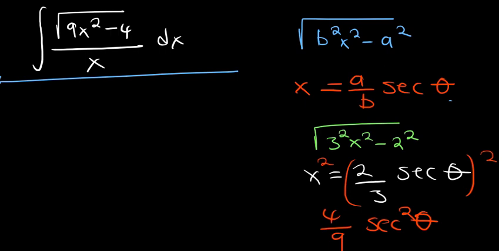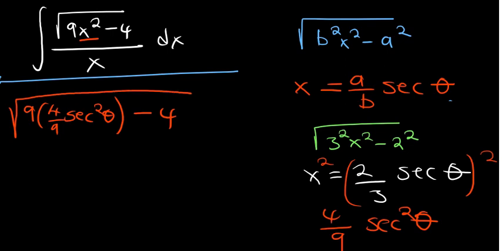Now let's substitute. We are putting that where there is x. So we have 9, and where there is x, we have 4 over 9 secant squared of theta, and then we have a minus 4. Don't forget we have got a square root. So square root, and then of course we are dividing by our value of x, right? So we're dividing by x. x itself was just 2 over 3 secant of theta.